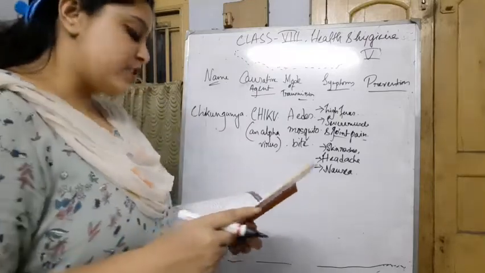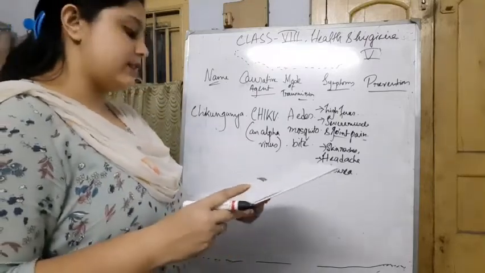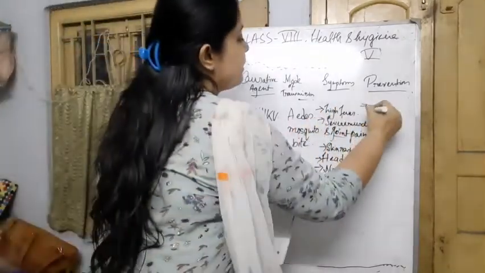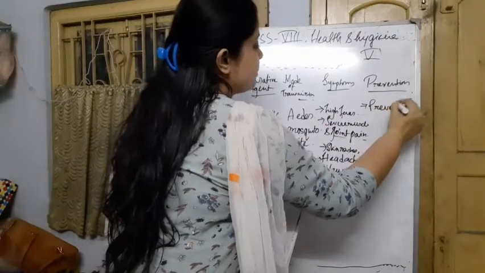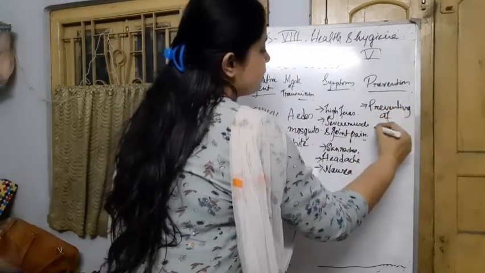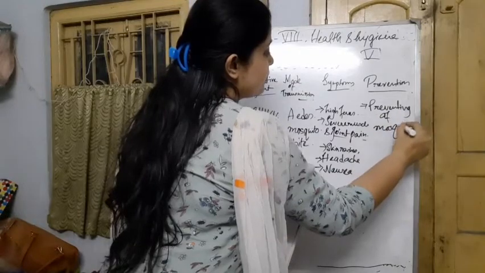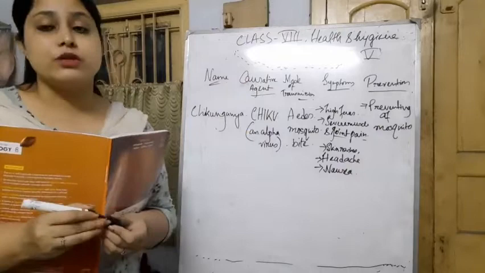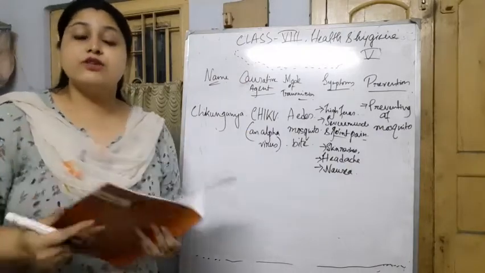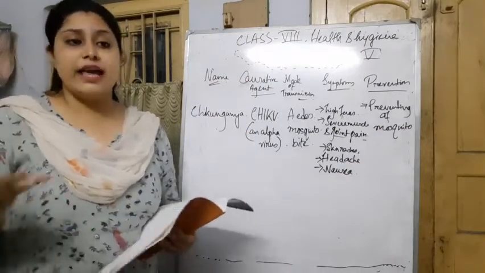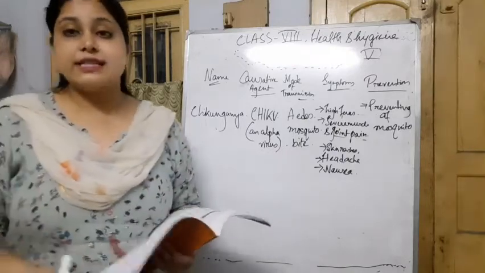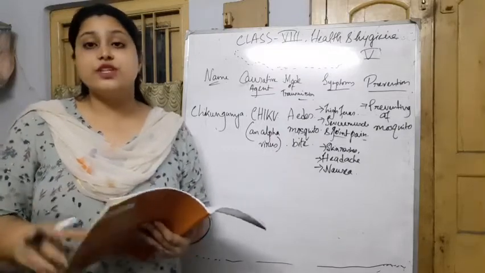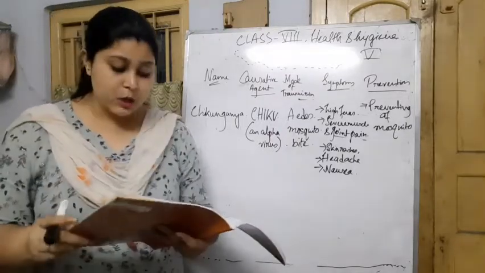The preventive measures are more or less the same as for dengue. The main point is preventing mosquitoes. You can prevent mosquitoes in various ways: you can use a mosquito net, mosquito repellent oils, candles, mats, etc., and also the liquid repellents which we can normally get in the local market.